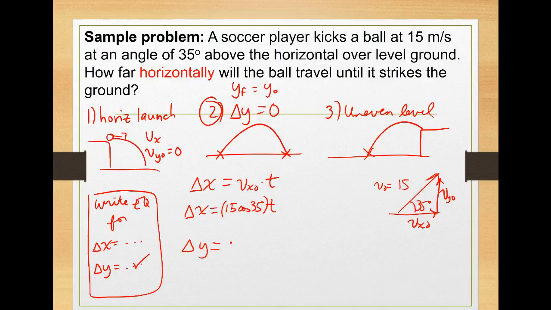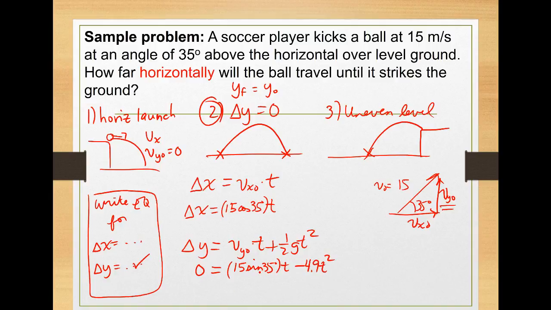So delta y is going to be equal to vy initial times t plus 1/2 gt squared, and delta y is 0. So we can plug that in for delta y, and vy initial is going to be 15 sine of 35 degrees times t minus 4.9 t squared.